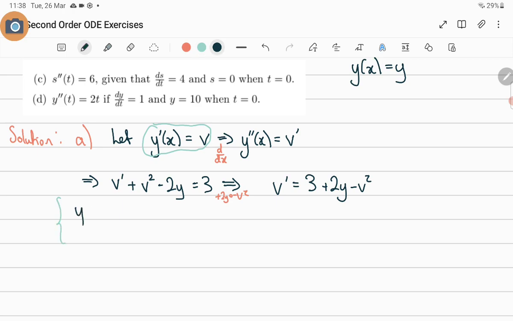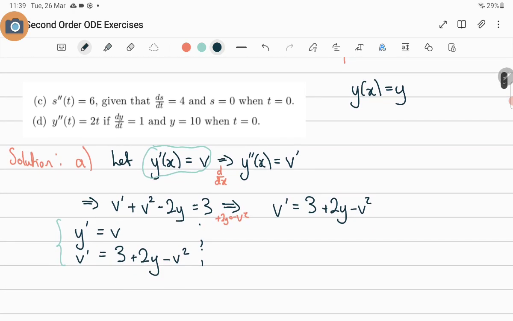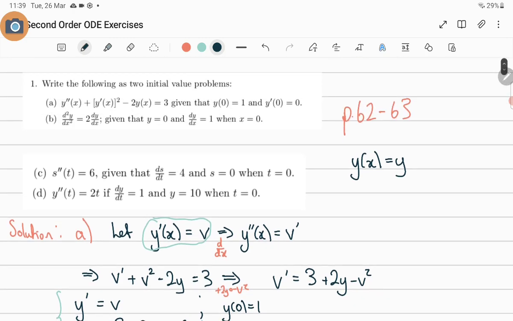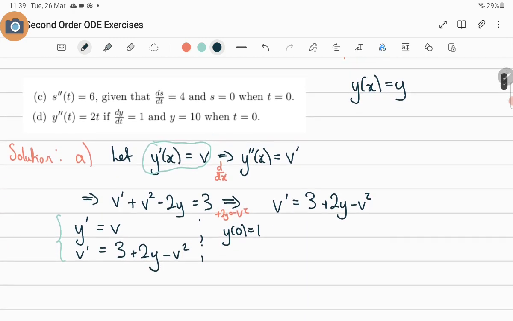Anyway, so y dash, the slope of y, is v, and the slope of v is 3 plus 2y minus v squared. And we also want to put the initial values here. The initial y goes with this, which is 0. And look, y dashed of 0, and y dashed is the same as v, so you've got v of 0 is 0.